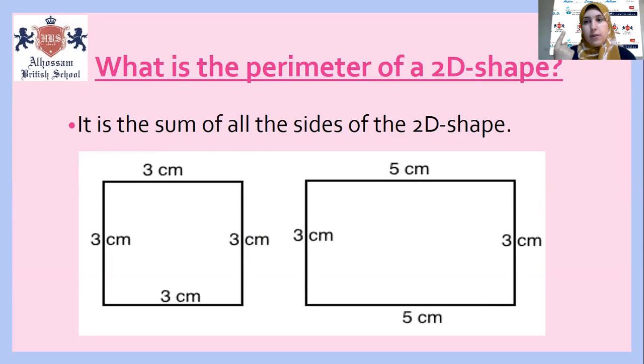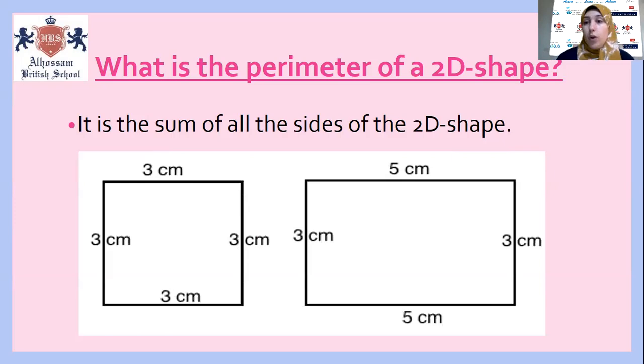So I can write 3 plus 5 only one time and multiply it by 2 because I repeated it twice. 3 plus 5 equals 8. Multiply by 2 equals 16. So the perimeter of this rectangle equals 16 centimeters.